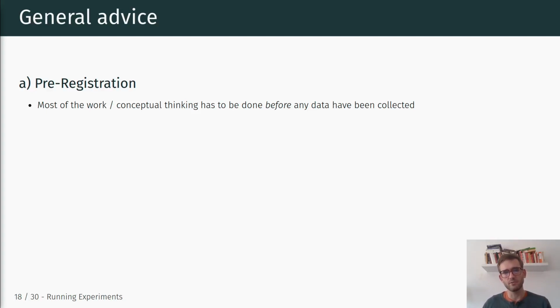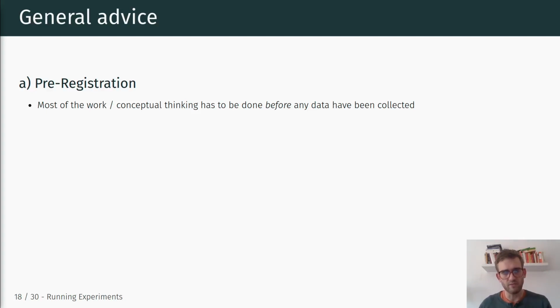The idea behind pre-registration is basically that you create a public record of the main features of your design, as well as the hypothesis and your strategy to test your hypothesis, right? And then ultimately, when it comes to collecting your data and running your analysis, all you have to do is follow the steps in your pre-registration.